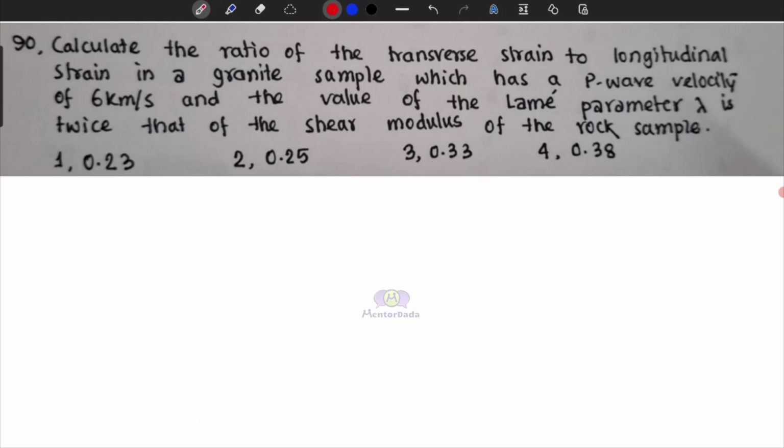So what are the given data? Velocity of P wave is 6 km per second, and the Lame parameter equals twice the shear modulus, that is 2 mu.